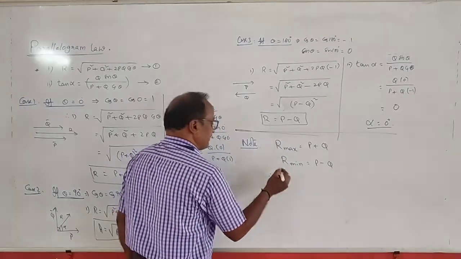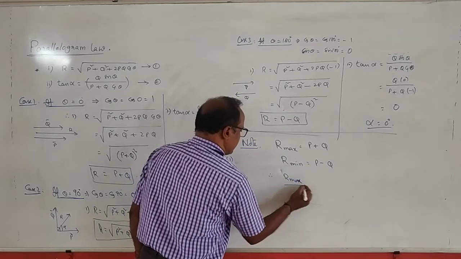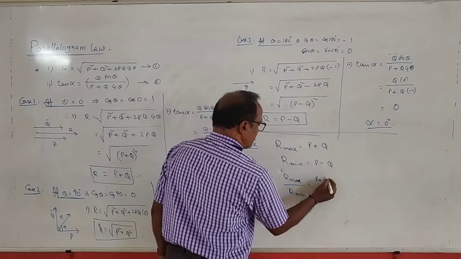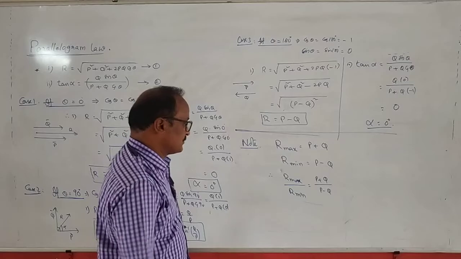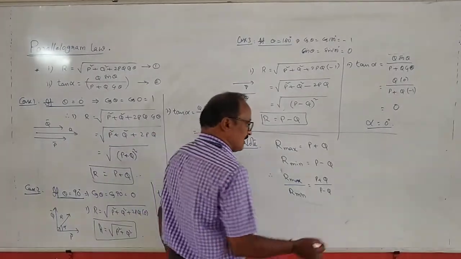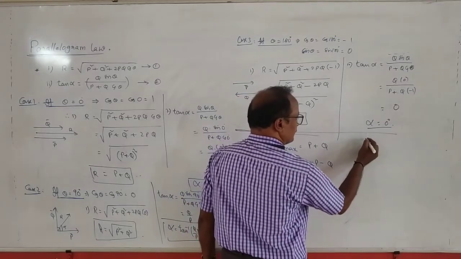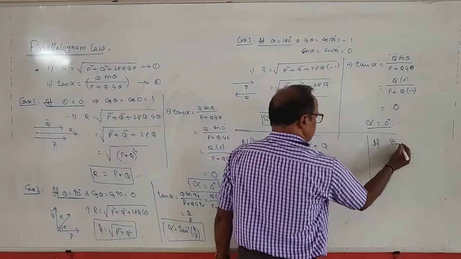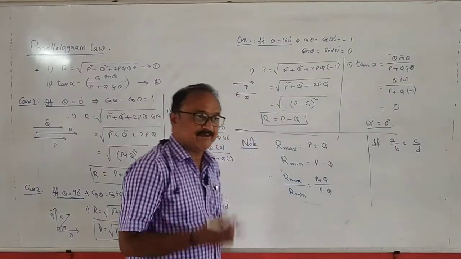Suppose we divide these two: R maximum by R minimum is equal to P plus Q by P minus Q. According to the componendo and dividendo principle, what is it? In mathematics, suppose a by b is equal to c by d.